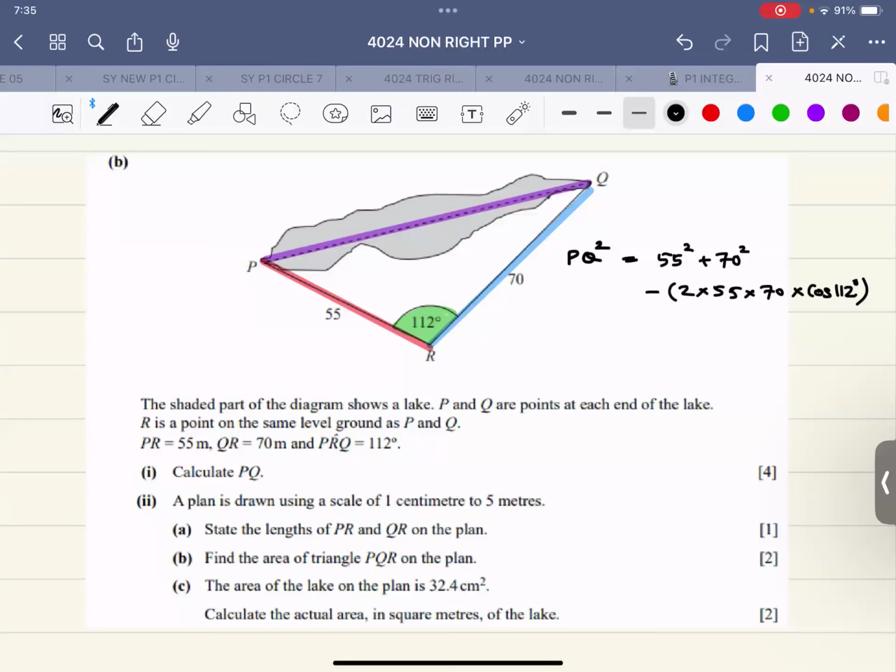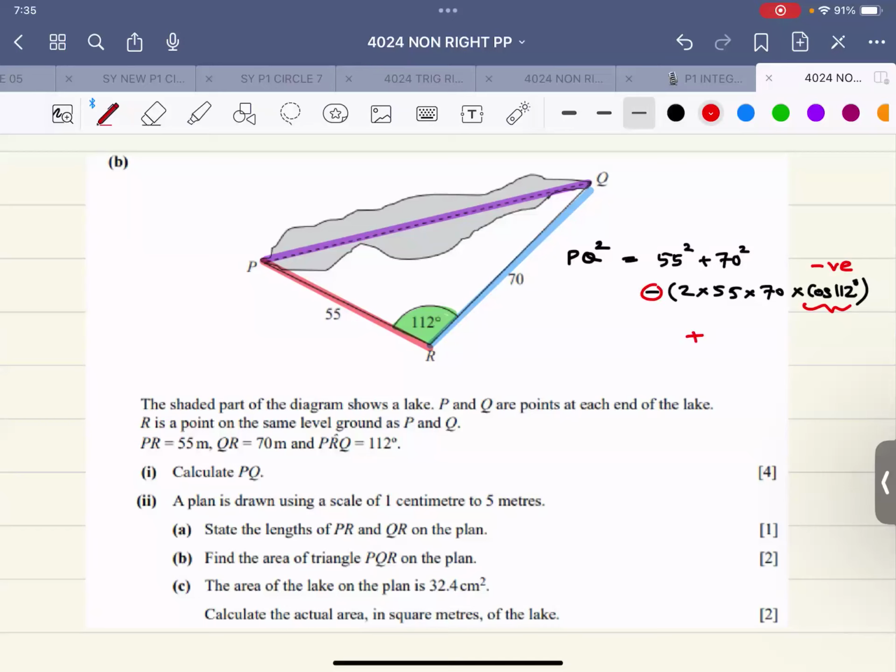So let me first simplify what's inside the bracket. We have 112, we are taking the cosine, that's a negative value. So remember, cosine of an obtuse angle is negative. This negative will make it positive.